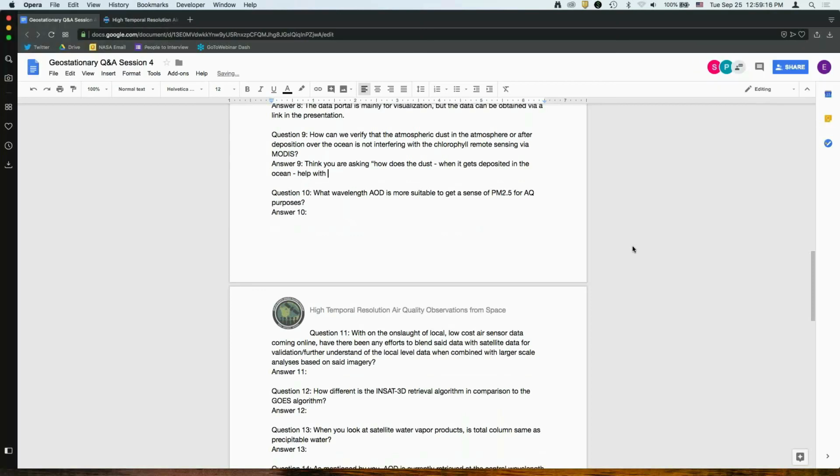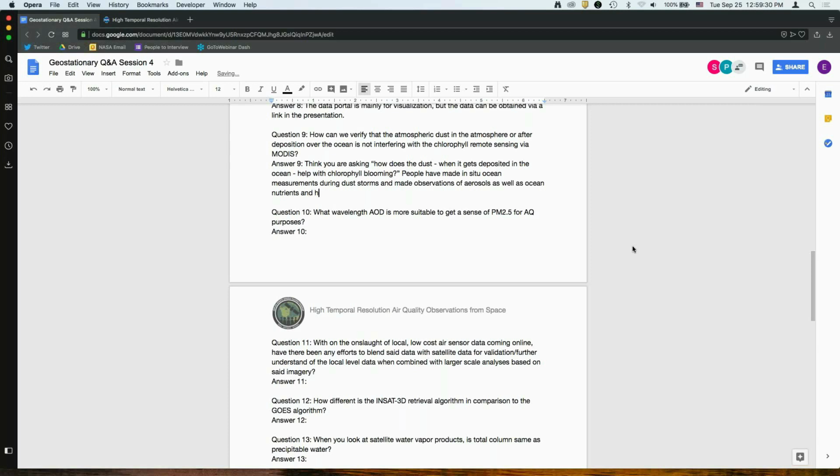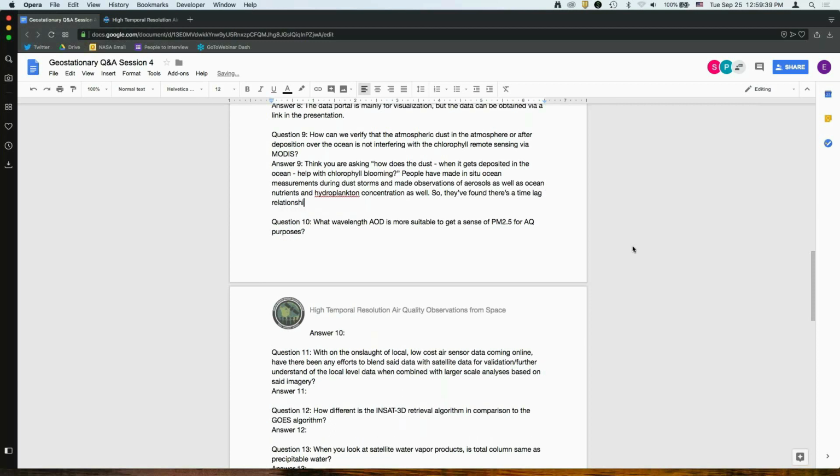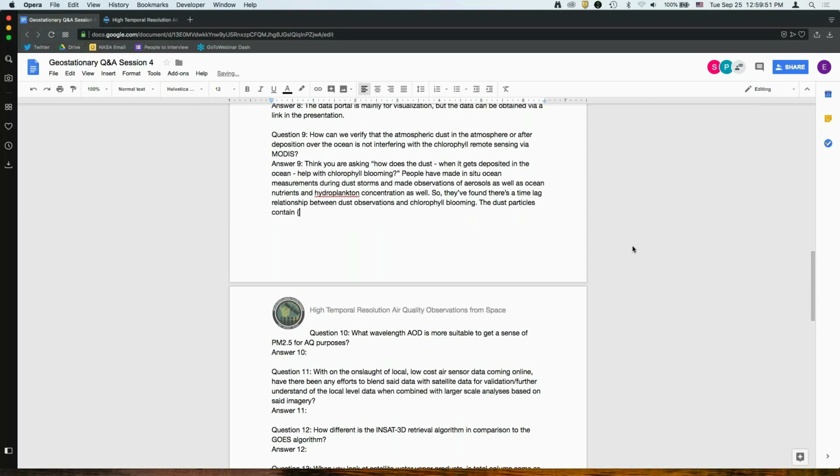Yeah, there are observations people have made, in situ measurements over the ocean during dust storms, on aerosols as well as nutrients in the ocean and the phytoplankton concentration. They have found that there is a time lag relationship between the dust observations and the chlorophyll blooming. The dust particles contain iron, and this iron, when it gets dissolved into the ocean waters, provides nutrients for phytoplankton to grow. So this is the biogeochemical process which happens.